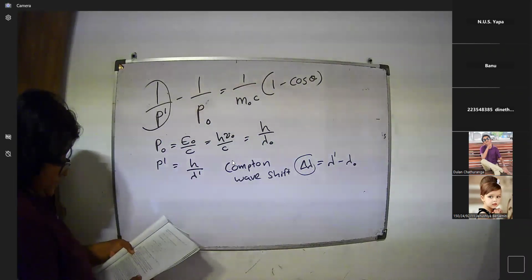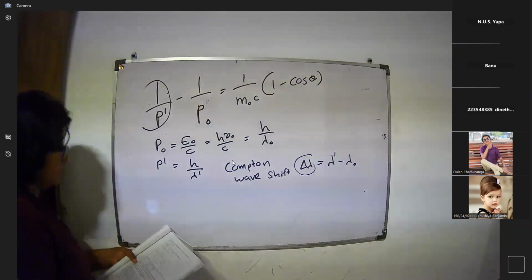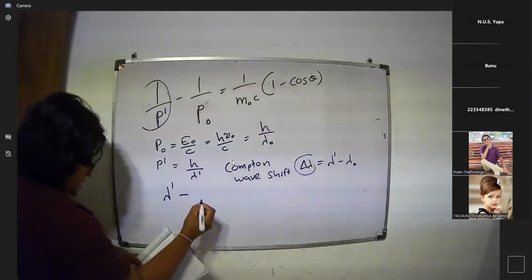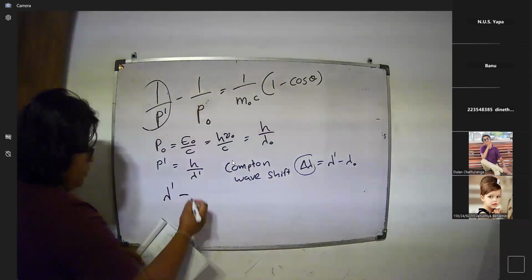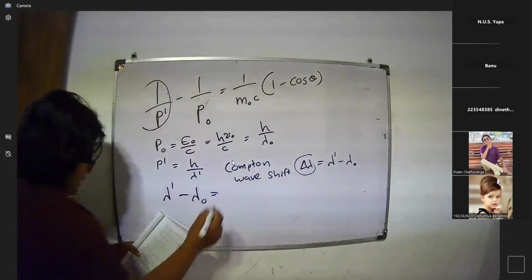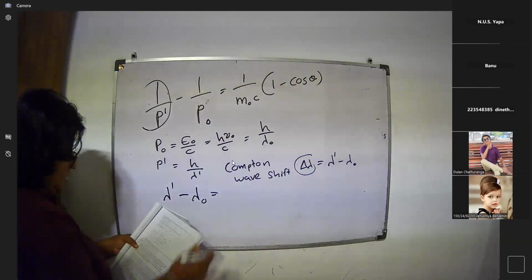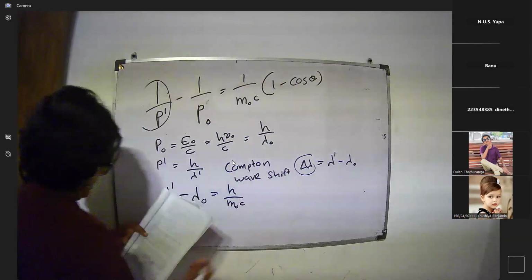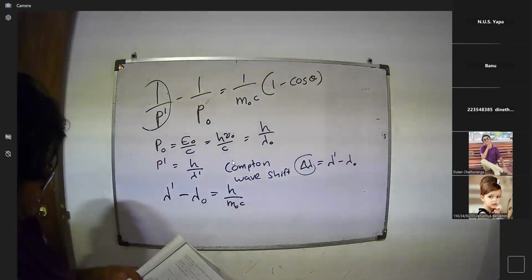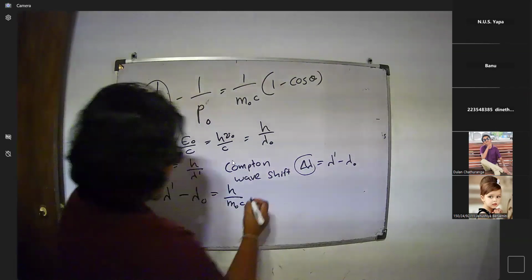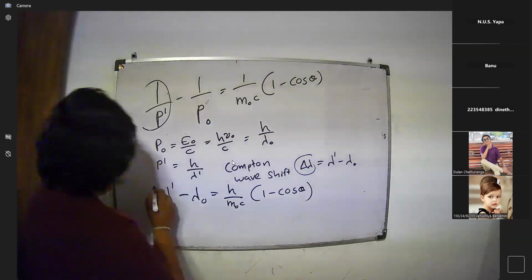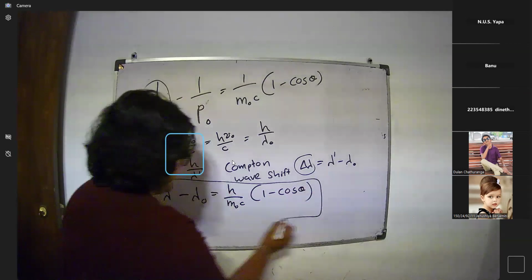We can write lambda dash minus lambda naught is equal to h over m naught c into 1 minus cos theta. This is the equation for the quantum shift.